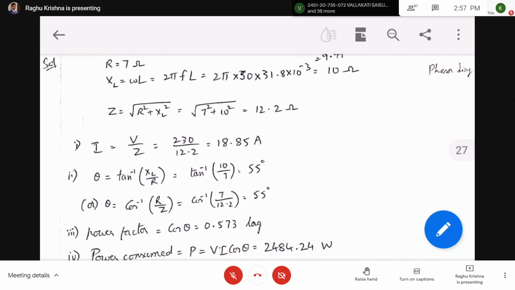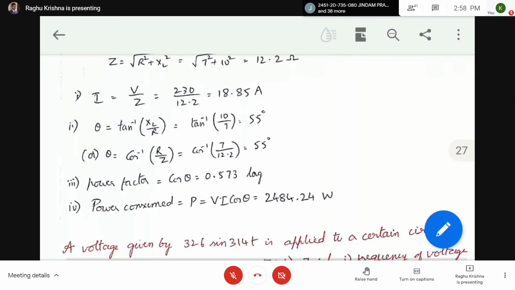As it is an inductive load, you have to mention cos theta equals cos of 55 degrees, which is equal to 0.573 lag. Power consumed equals VI cos theta. We have to take the true power, or actual power, also called the average power. It is the actual power consumed by the load.